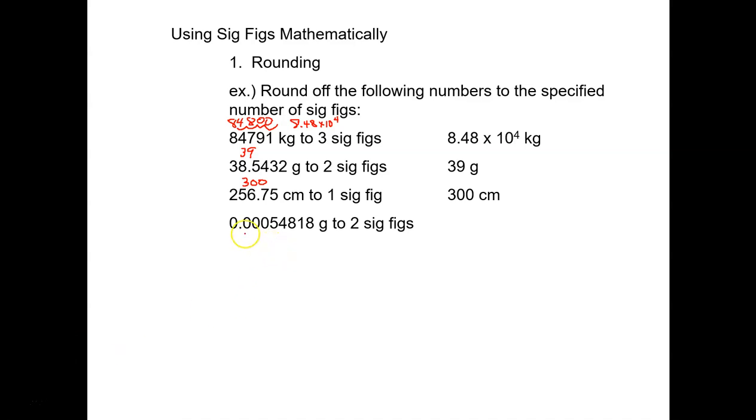If we write this in scientific notation, I would move this over 1, 2, 3, 4 spots, right? So now this would be 5.4818 times 10 to the -4th, right?